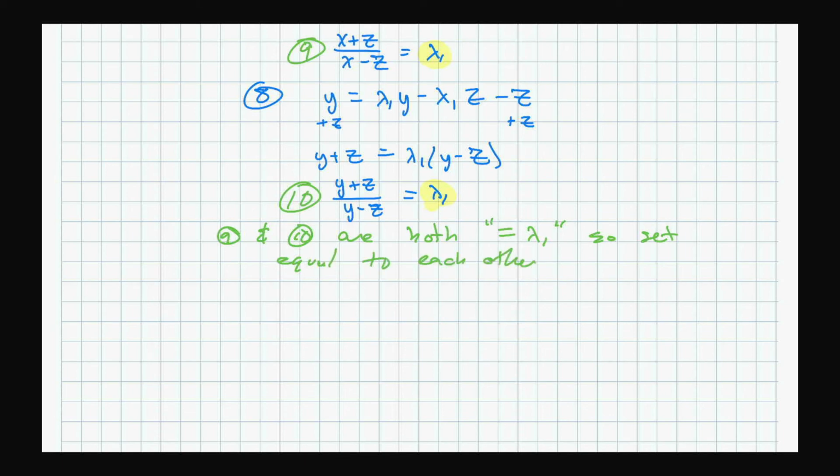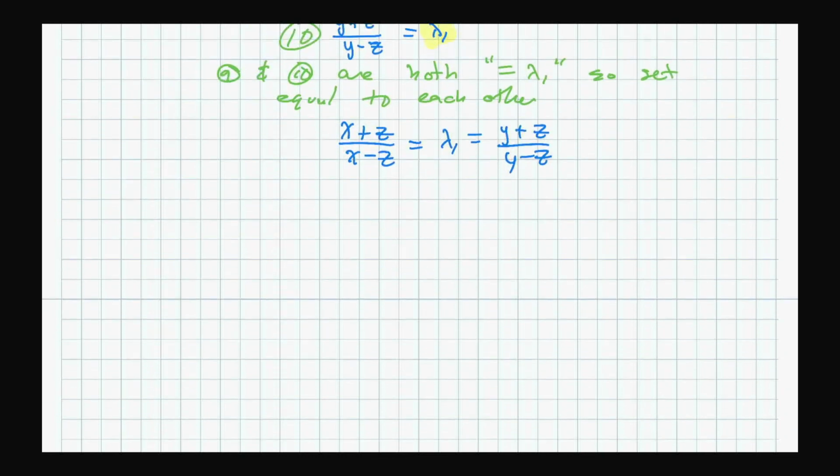From equation 9, you're going to end up with x plus z over x minus z equals lambda 1, which is equal to y plus z over y minus z from equation 10. So this equals lambda 1, but lambda 1 equals this. So they're equal to each other. And then you can just throw out that lambda 1. So you have x plus z over x minus z equals y plus z over y minus z.